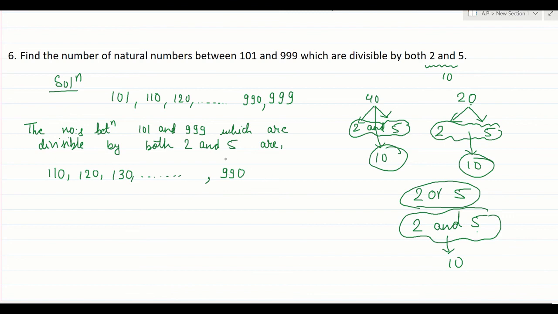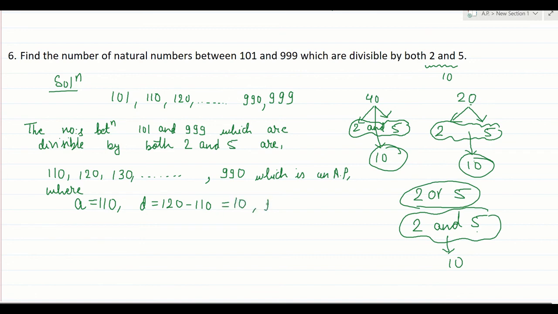So if you observe these will form an AP, where the first term A is 110, common difference D is 120 minus 110, that is equal to 10.